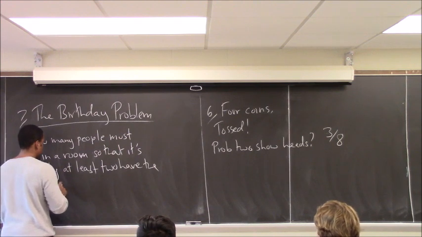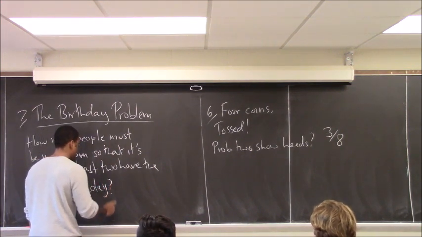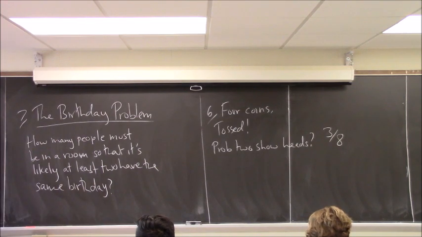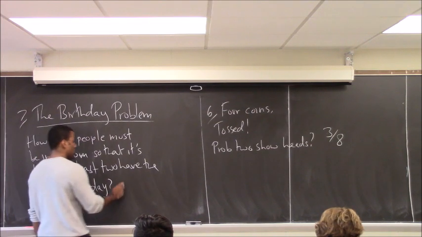This is called the birthday problem. Can you guess roughly what that would be? No clue. Some ideas? Yeah? Is it 365 choose 2? Well, I don't think so. That's gonna be way too big. It's actually around 23.